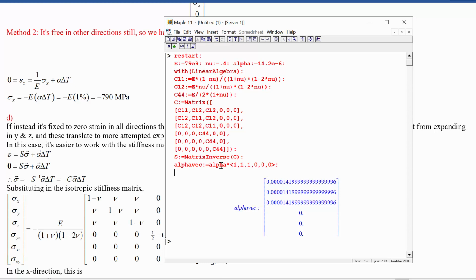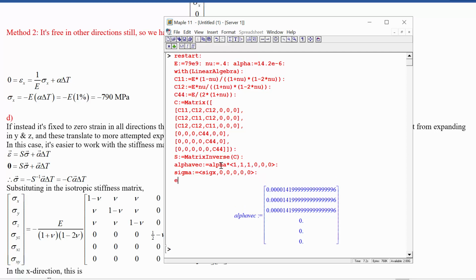So imagine that we have sigma is equal to sig x, 0, 0, 0, 0, 0. And now we know epsilon is equal to epsilon x, epsilon y, epsilon z, gamma yz, gamma xz, gamma xy.